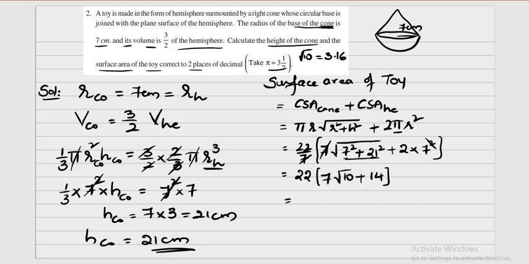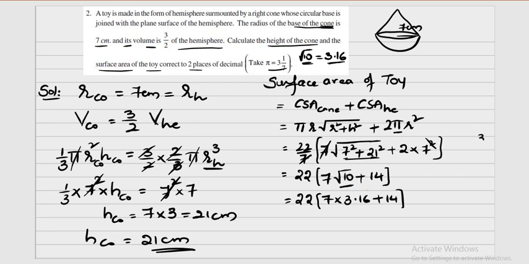Now from this, 22 into, the root 10 value I have considered here is 3.16, so 7 into 3.16 plus 14.